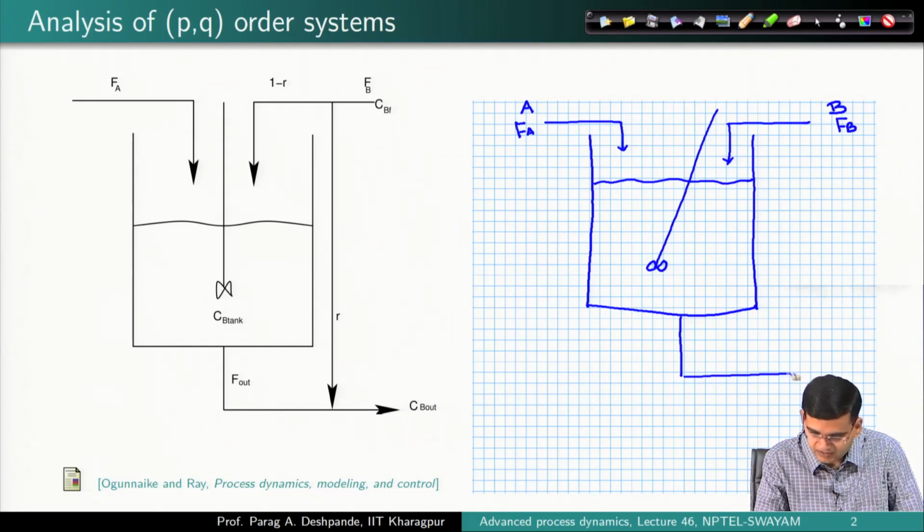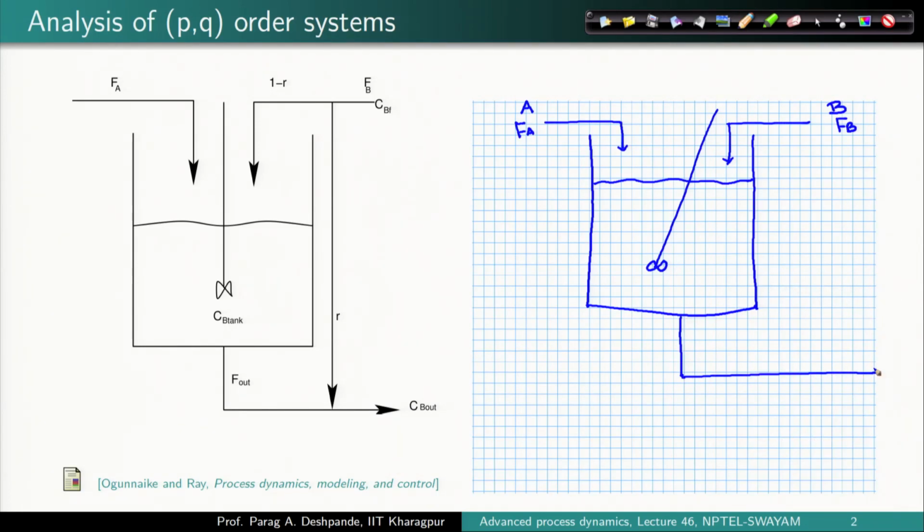At the outlet you have an arrangement such that a part of your inlet stream B can be bypassed. So, this is a bypass.